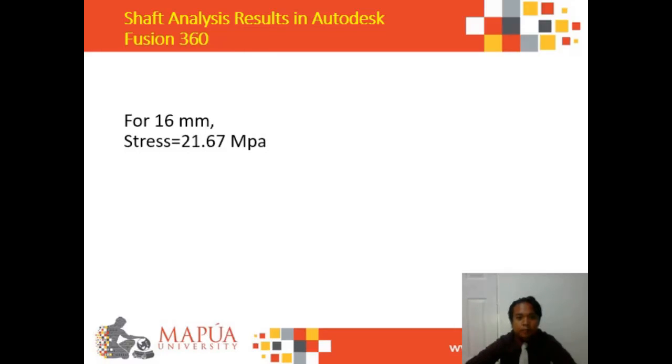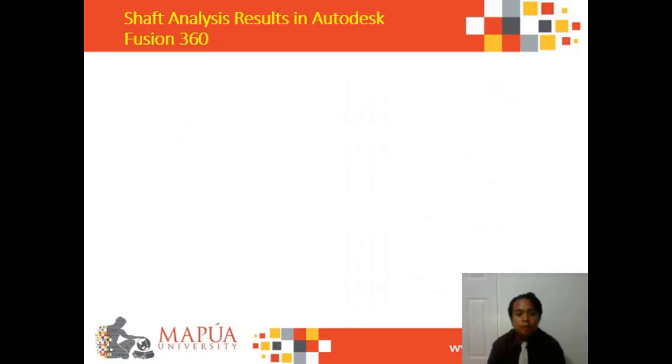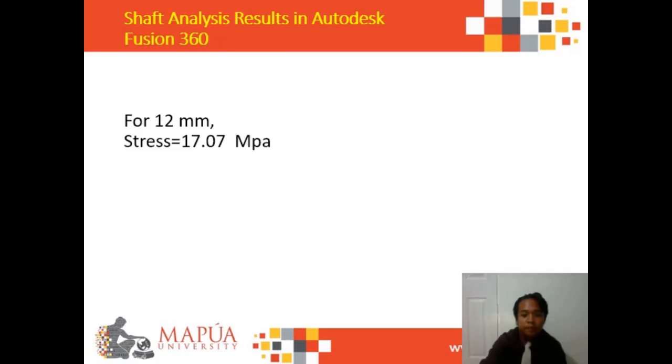For the shaft analysis results in Autodesk Fusion 360 for the 16mm diameter shaft, we got a stress of 21.67 megapascals, and here is how it is in the simulation. So for the 12mm shaft, we got a stress of 17.07 megapascals.